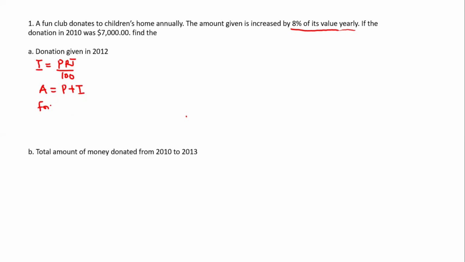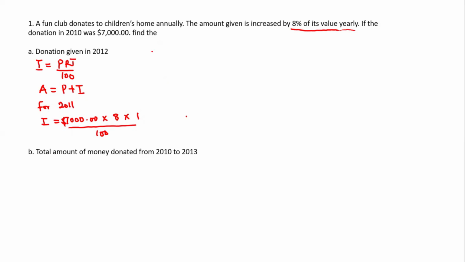So for 2011, our interest will be $7,000 times rate. Remember, it's 8% times our time. Time is 1 year, that's 2010 to 2011, over 100.